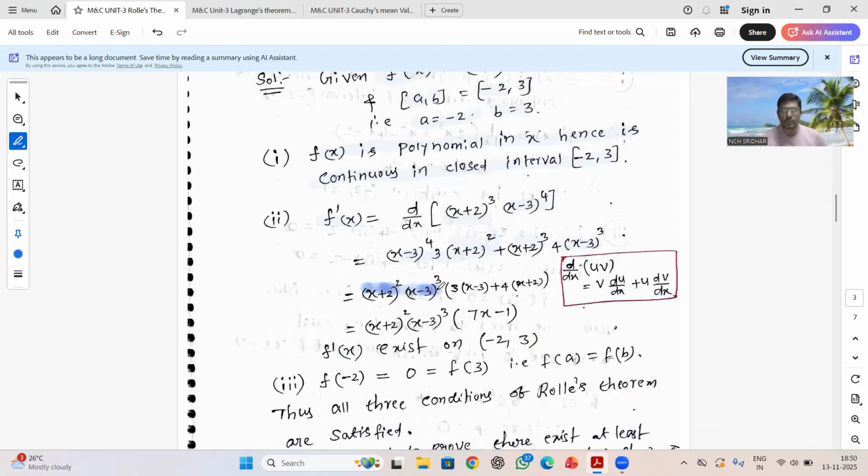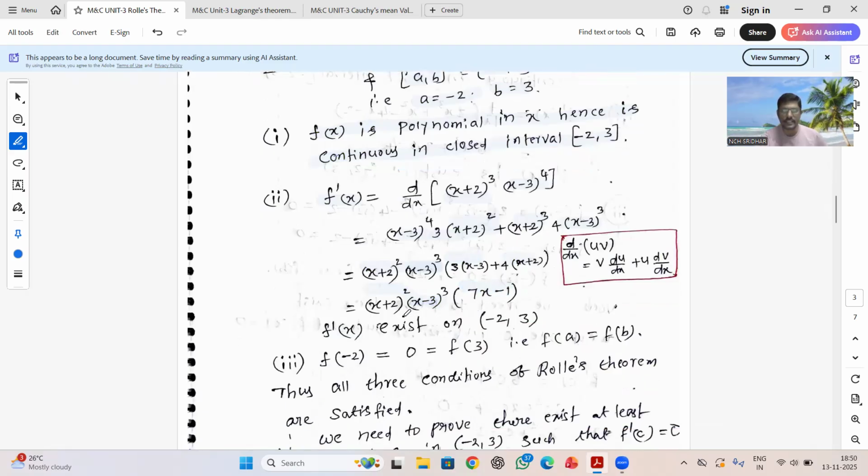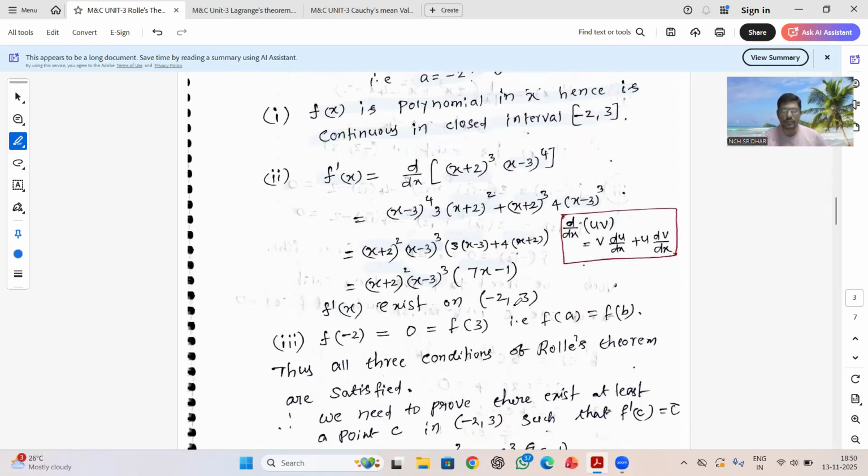Taking common (x plus 2) whole square into (x minus 3) whole cube, we get 3 into (x minus 3) in the first term, plus in the second term 4 into (x plus 2). After calculation we get (x plus 2) whole square into (x minus 3) whole cube into (7x minus 1). So f dash x exists on the open interval minus 2 comma 3.